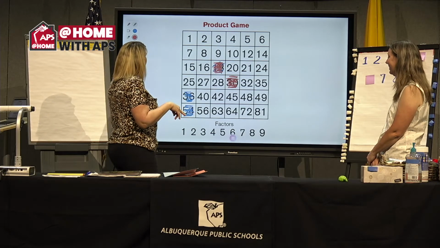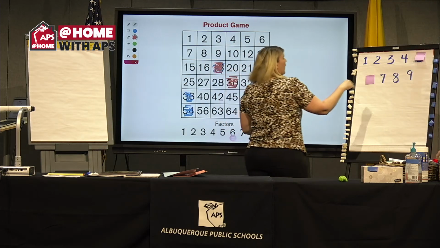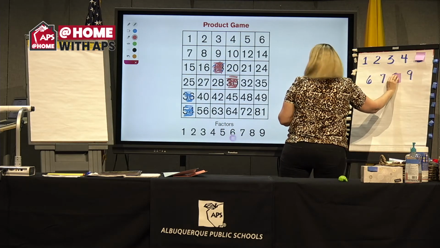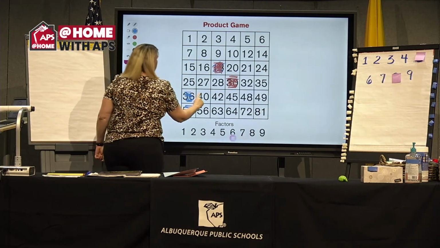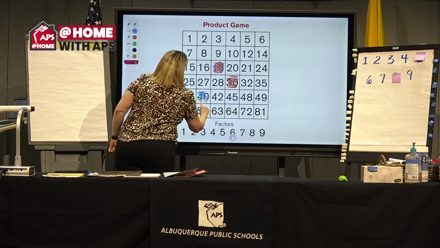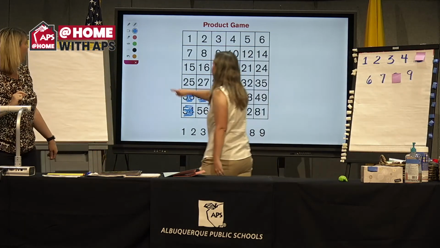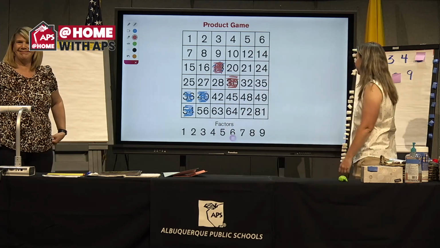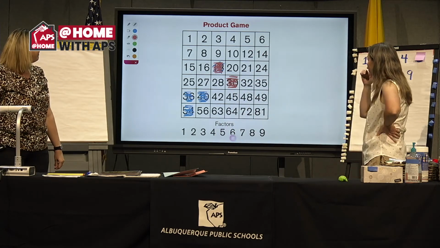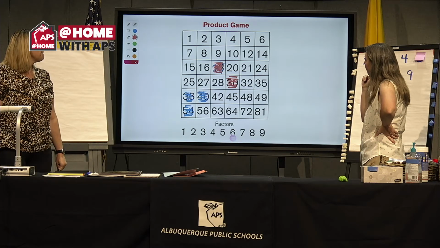I'm going to do the 5 times the 8. I kind of have an idea here. 5 times 8 is 40. So I'm marking that. Sorry, I'll need to remind myself to take that back. What do you think?